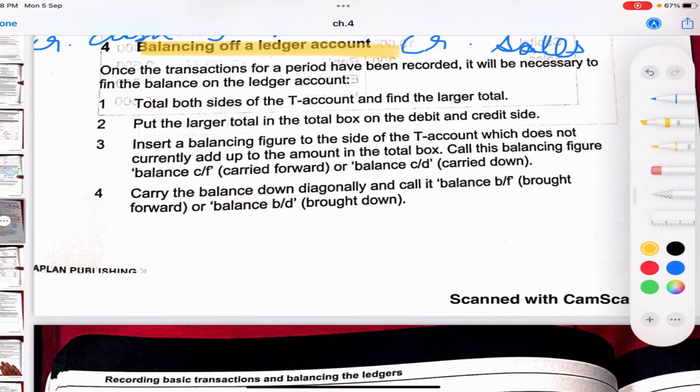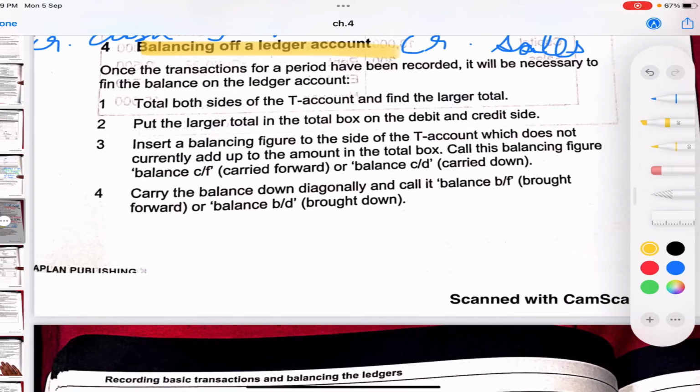So how do you balance a ledger? Once the transactions for a period of time have been recorded, it will be necessary to find the balance on the ledger account. We have to total both sides of the T account and find the larger total. Put the larger total in the total box on the debit and credit side. Insert a balancing figure to the side of the T account.